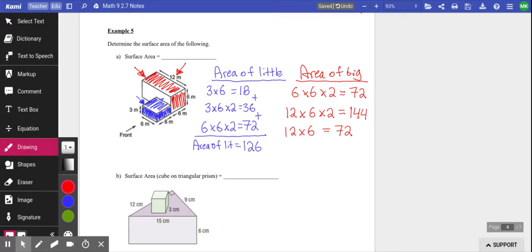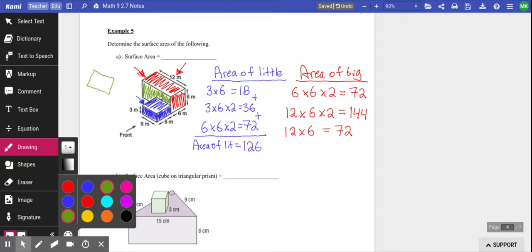The last one I'm going to do in a different color so it stands out. I'm going to try to figure out the area of this awkward shape up front. What I would need to do is the entire area of that rectangle, which is 12 times 6.